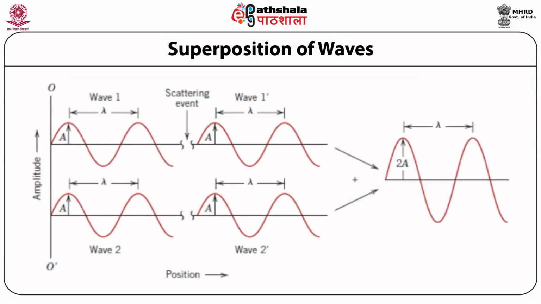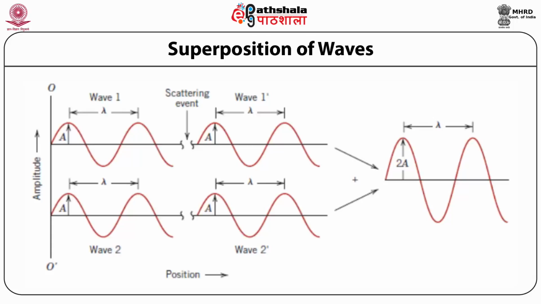Superposition of waves. Here I just give you an idea of how X-ray scattering works to determine the structure. This is a simple way of understanding how two waves can superpose after scattering and give us a resultant amplitude.